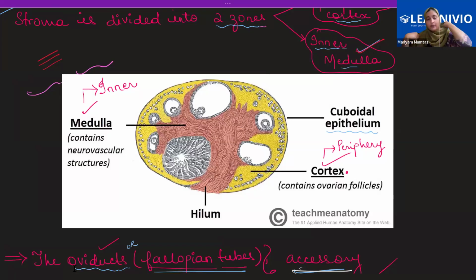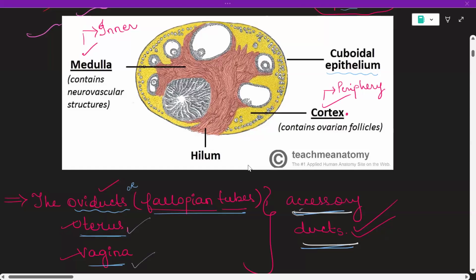Whereas in the middle, in the central area, you see the pink colored portion, which is the medulla. So cortex and medulla are the two parts in the ovary. This is like the ultrastructure of the ovary, wherein you see the cortex and the medulla.